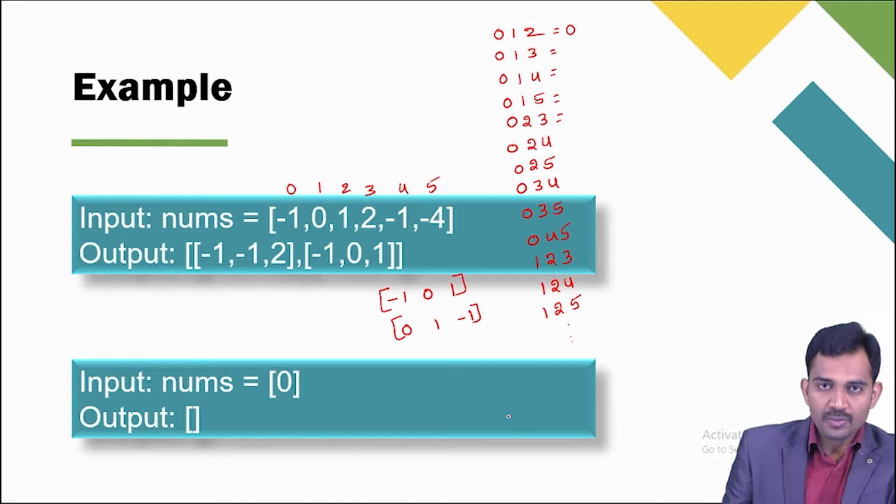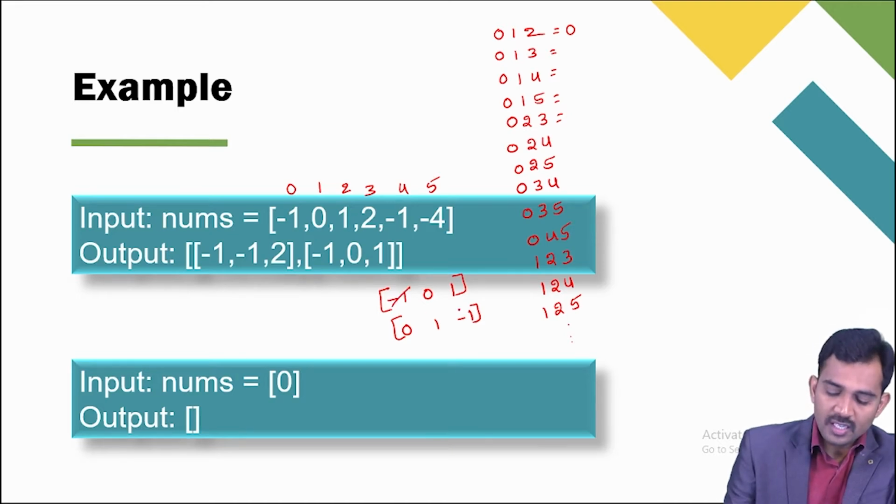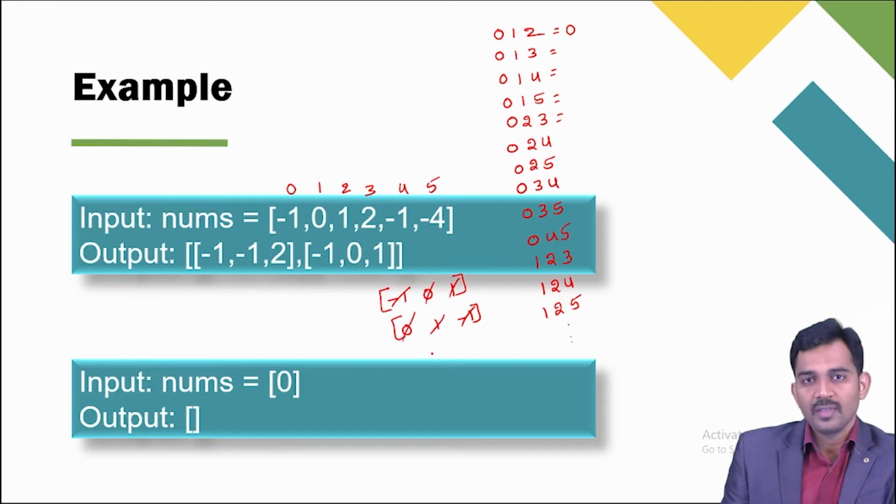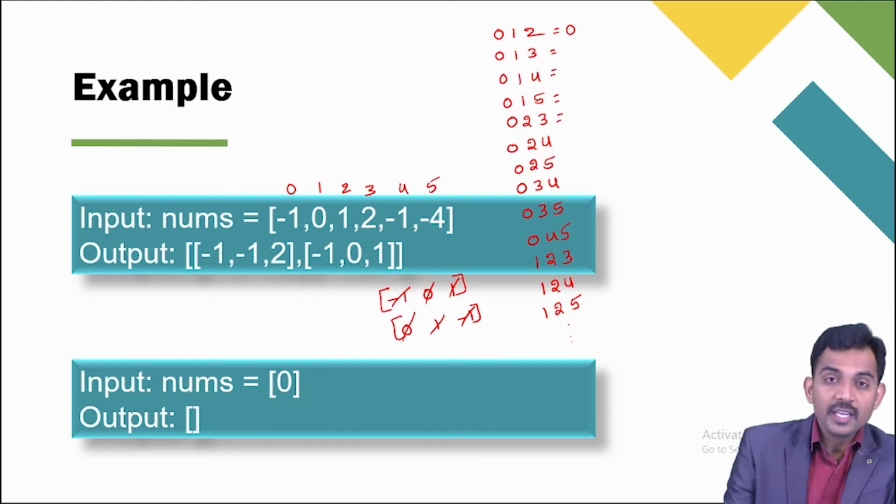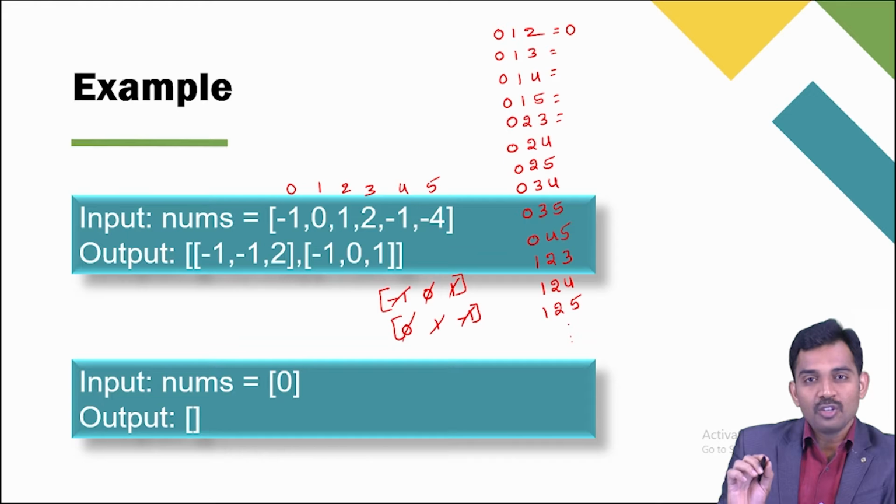If you observe these two, they are the same, because -1 is there, 0 is there, 1 is there in both. But how do we find such triplets? That is a challenge here, right? So you need to find how many unique triplets are possible in a given series of numbers.